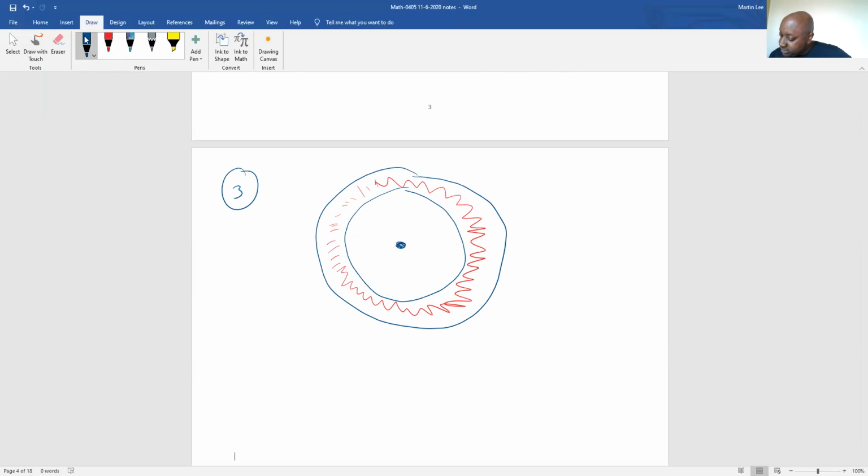So for the outer circle, which is this one, it has a radius of 6. And then for your inner circle, this has a radius of 4.